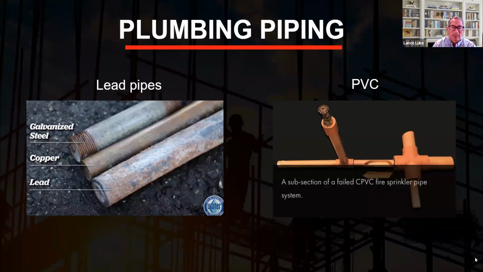Also, PVC, vinyl chloride, which is a plastic piping. It's defective because in the early days they were using the PVC for fire sprinkler piping, and there was a tendency for leakage. Also, the standard PVC piping, if it's in a fire, you don't want to be breathing burnt PVC because there's chemicals in it.